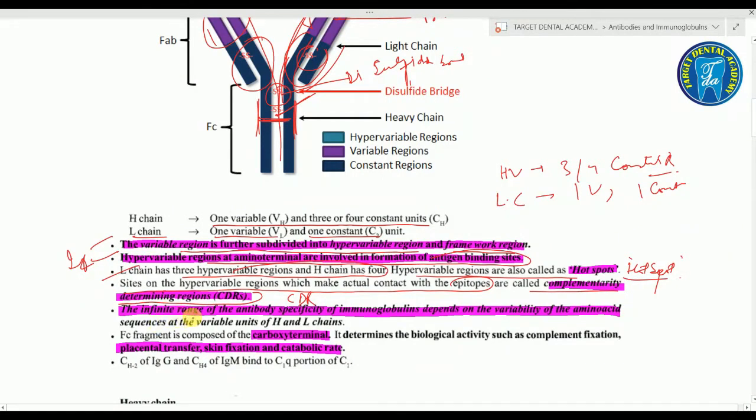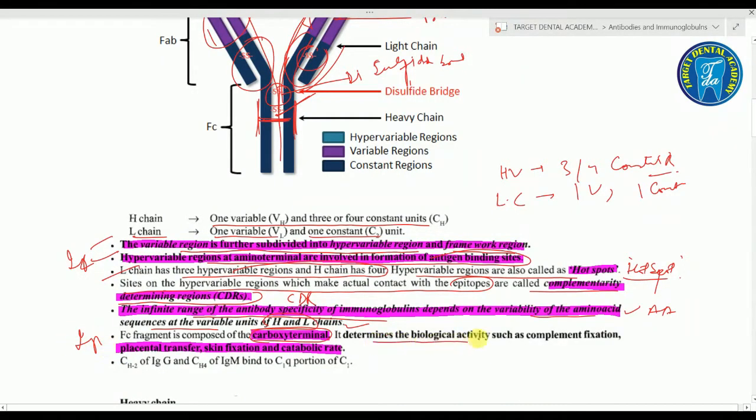The infinite range of antibody specificity of the immunoglobulin basically depends on the variability of the amino acid sequences at the variable units of the heavy and light chains. The Fc fragment is composed of a carboxy terminal.